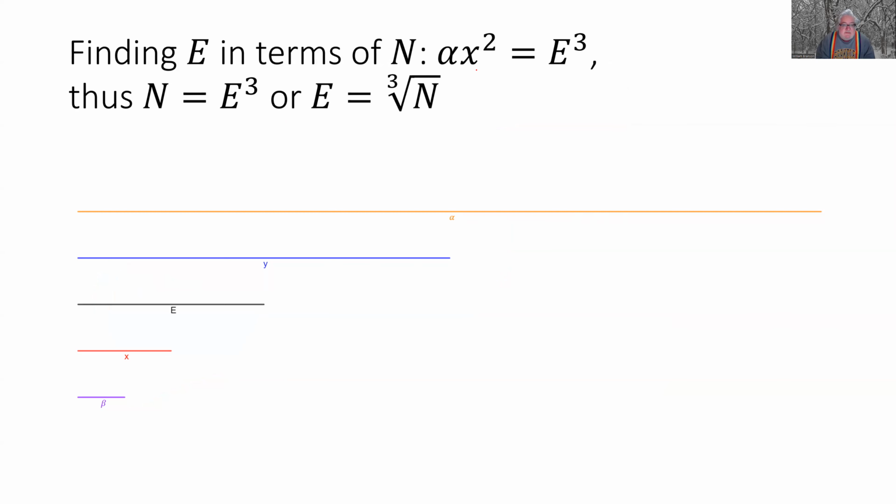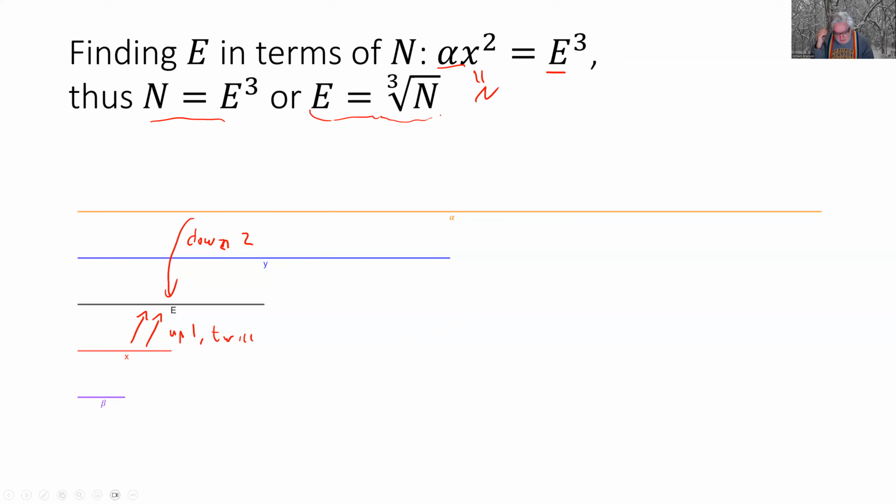So finding E in terms of N, well, we know alpha X squared equals N, but alpha X squared is equal to E cubed. How do we check that? Well, down 2 from alpha, up 1 twice from X. So alpha X squared is the same thing as E cubed. So it gives me N equals E cubed, or finally E equals the cube root of N.